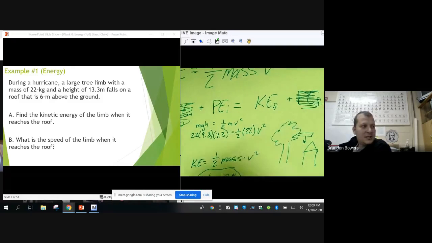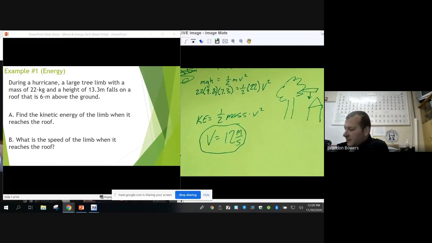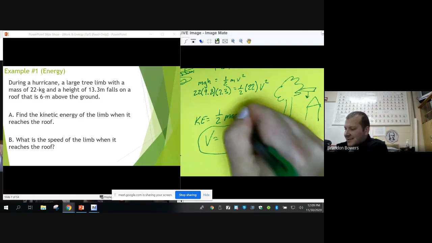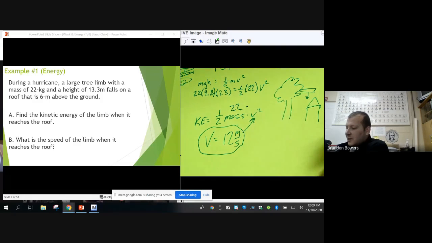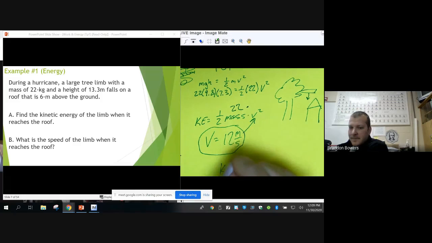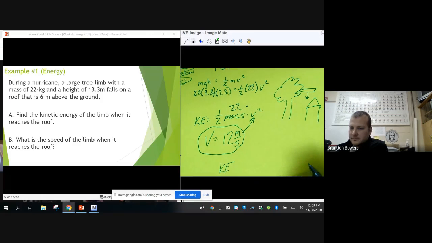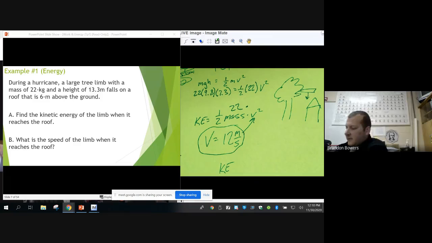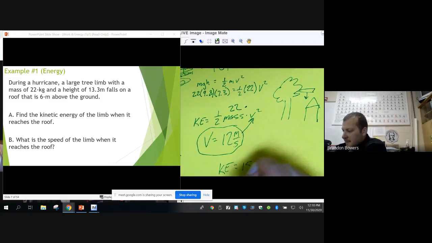Okay? But the question asks, what is the kinetic energy? Well, we know the velocity, and we know the mass. The mass is 22. Okay, so what's the kinetic energy? 1584. 1584 is exactly correct.